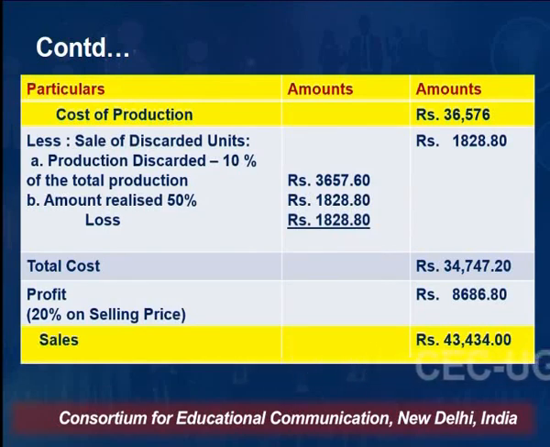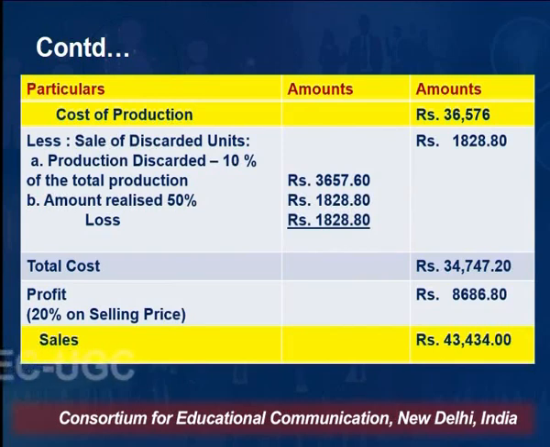So what we are doing, we are reducing our total cost of production by this realization from the sale of discarded units. Had it not been there, this entire computation might have gone to the working notes, and there might not have been any discussion of it. What we might have simply done is reduced the units, say 10% of 500.